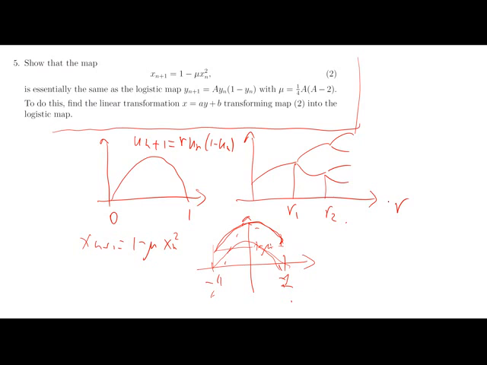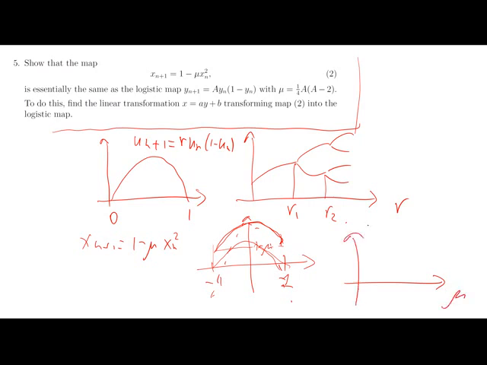This orbit diagram, if I find it somewhere. I had an orbit diagram for this map. So when mu is increasing, it should be something like this.